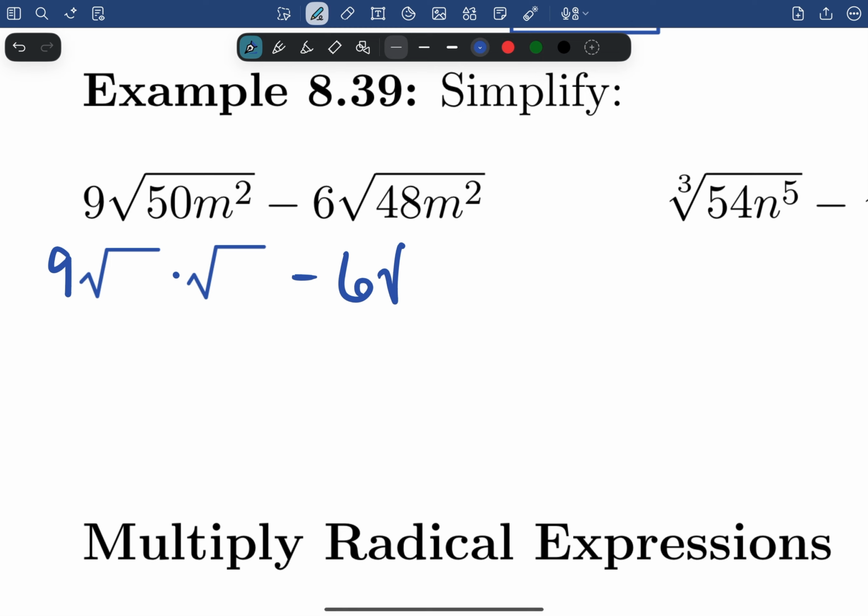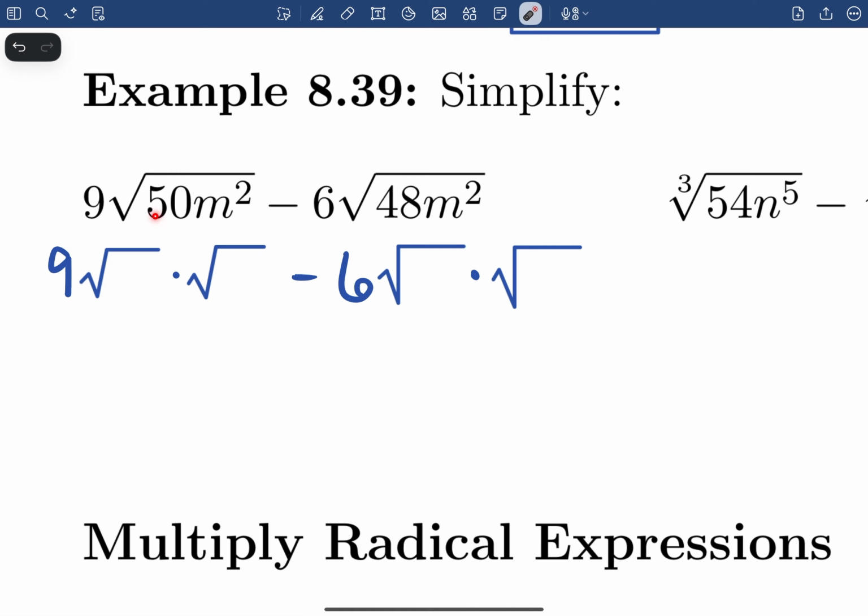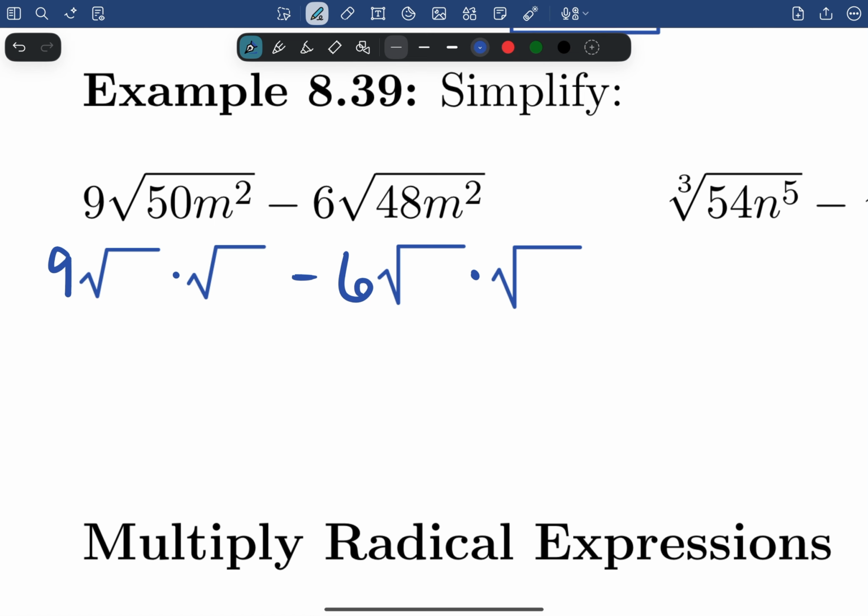And for this square root, I'm going to do the same thing. I'll have the perfect square root times the leftovers square root. And for 50, I can think of a perfect square that multiplies with another number to make 50. It's 25 and 2. 25 times 2 is 50. So this is what I'm doing.